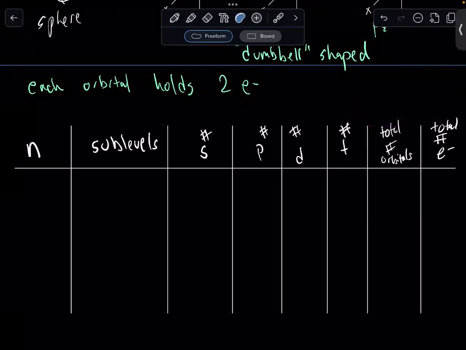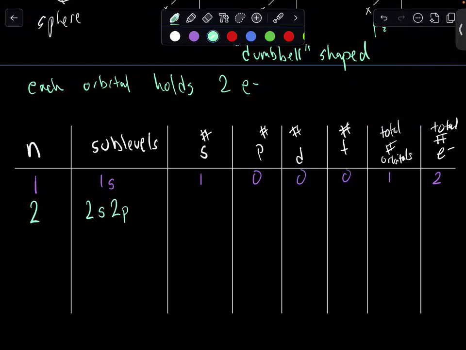All right. So, in the first energy level, turns out we only have the one s sublevel, which means we have one s orbital, no p, no d, no f's. So we have a total of one orbital and a total of two electrons. In the second energy level, we have a 2s, but we also have 2p sublevels.